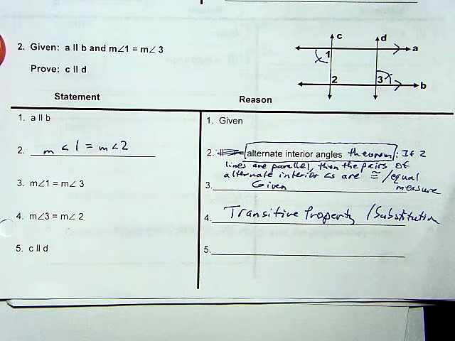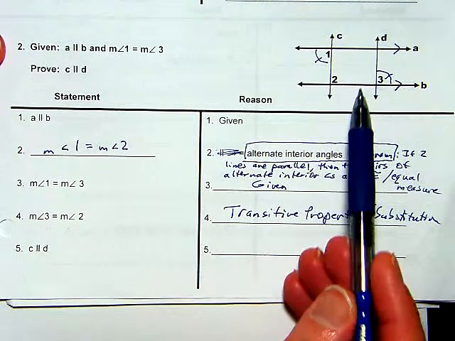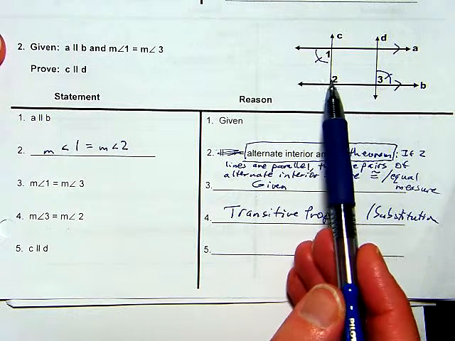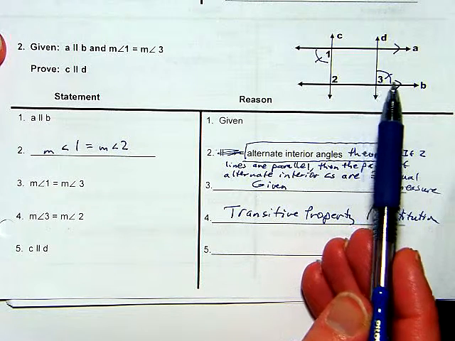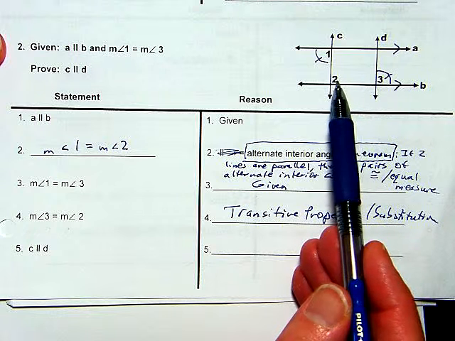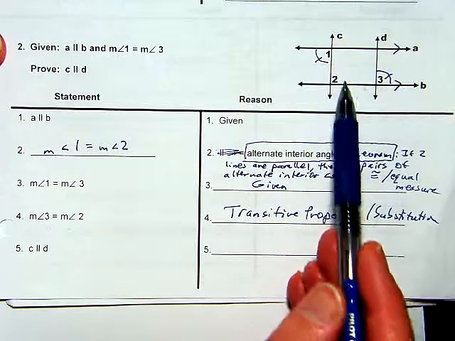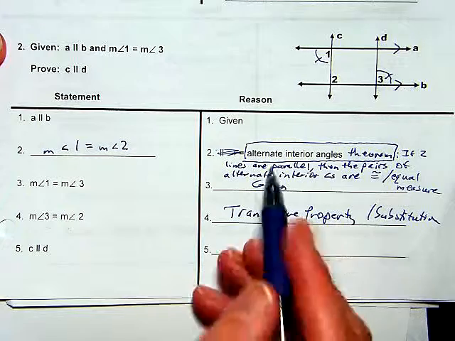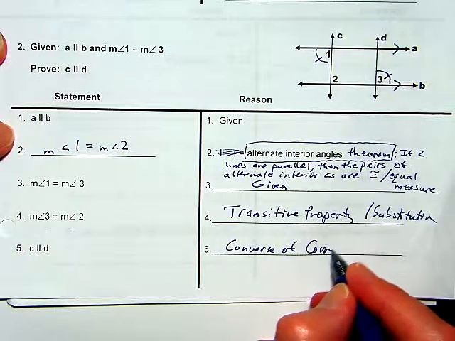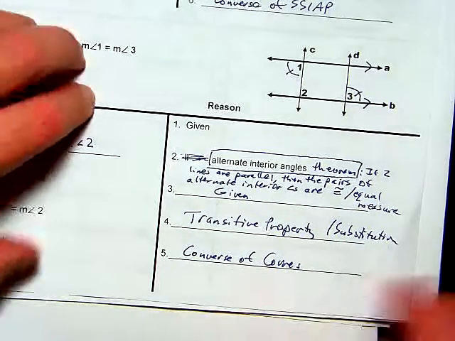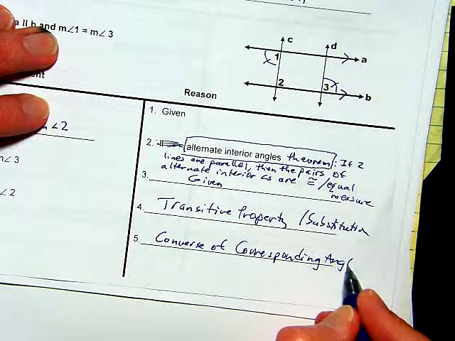And now that we have been able to say that the measure of angle 3 equals the measure of angle 2, we now know that these two angles are congruent, they have equal measure, and we can use the converse of the corresponding angles theorem, which says that if corresponding angles are congruent, then the lines are parallel. Okay, then C and D would be parallel. So here we use the converse of the corresponding angles theorem.